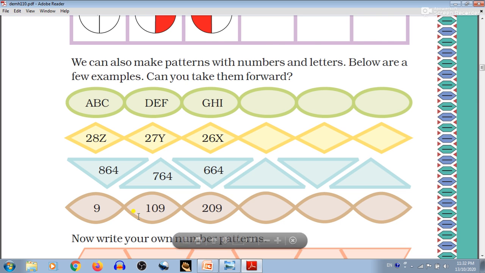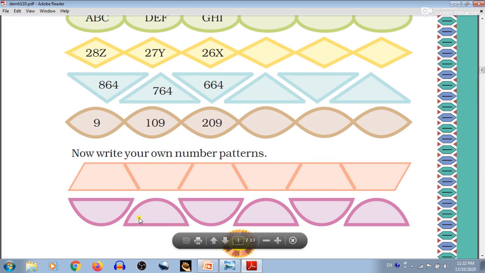Now you see here we have 9, 109, 209. Here we have this 9, and before 9 we have put 10, and in the next term we have put 20 before 9. So here we should put 30. Why? Because it is 10, then 20, then 30, 40, 50, and after them we put 9, because 9 is not changing.